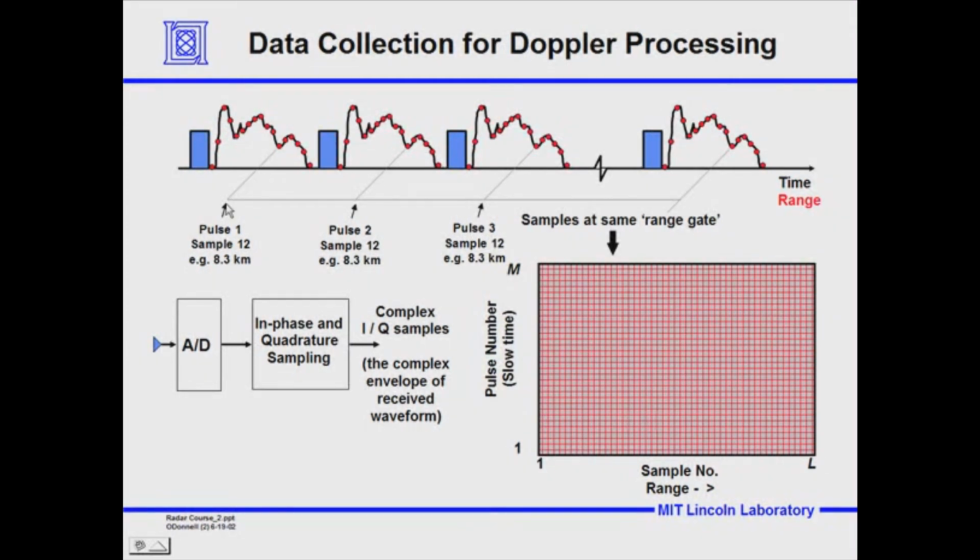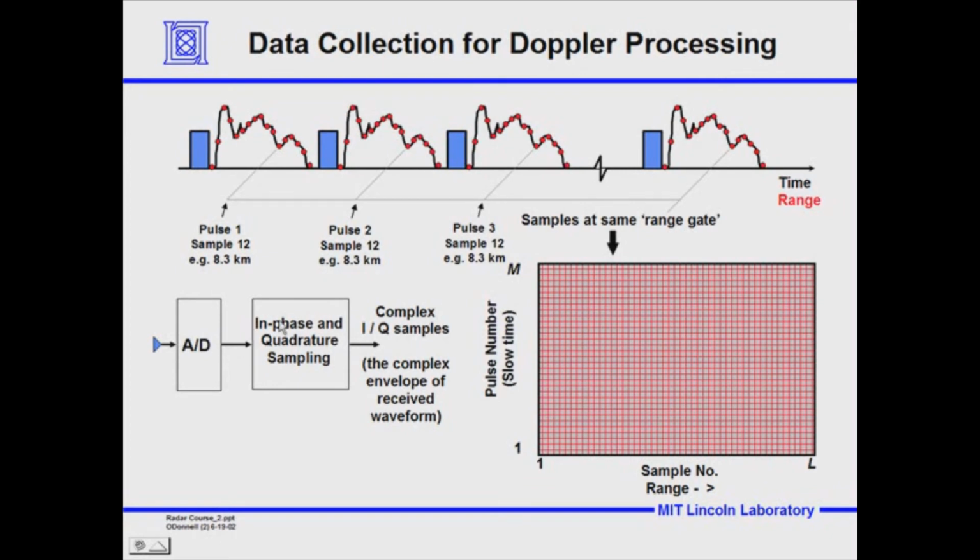Okay, and these points at pulse 1, 2, 3, 4 at a certain range would fill a column. And here would be the samples at the same range gate. The data that comes in from the radar receiver from these different pulses would first go through an A to D converter where it would be digitized.